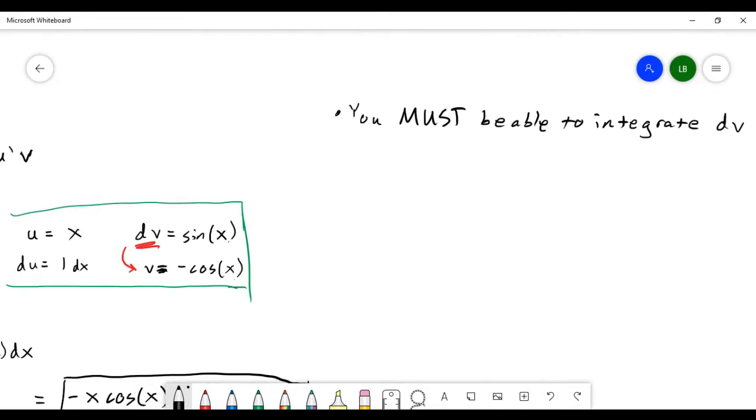So you have to be able to integrate dv. And if possible, you want to choose u so that some derivative of u goes to 0.